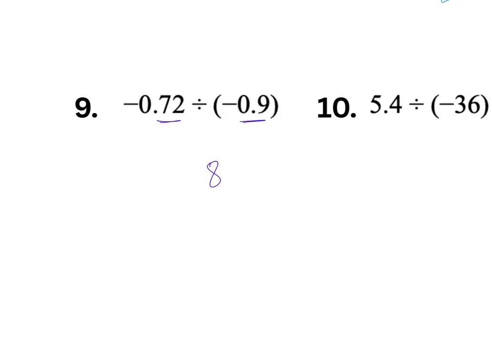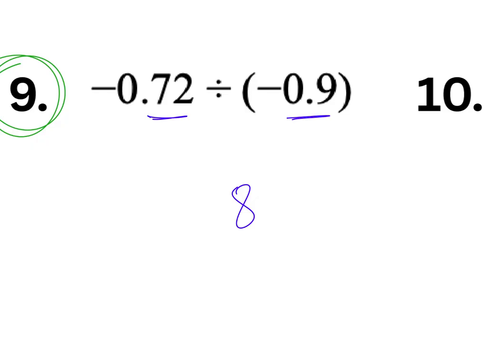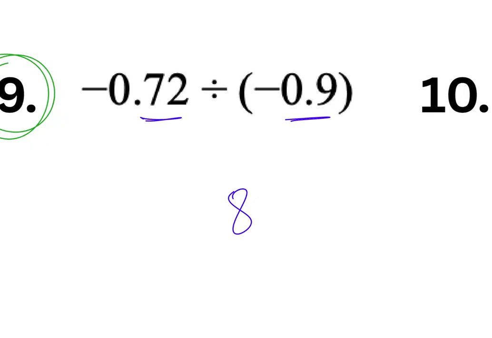So let's mess around with the decimals a little bit. And I did not cover this in the video, so really, number 9 is probably one we'll talk about. But anyway, let's check this out. What I'm going to do is move this decimal place 1, 2 times. And then that means I need to move it 1, 2 times here, okay?